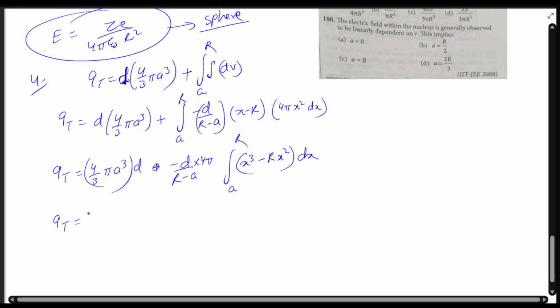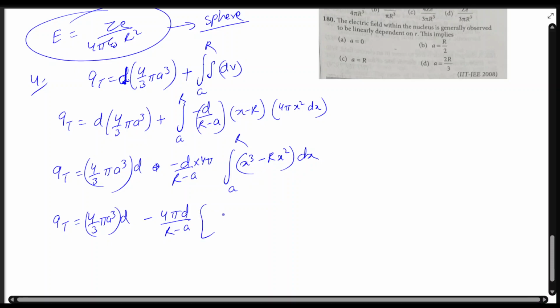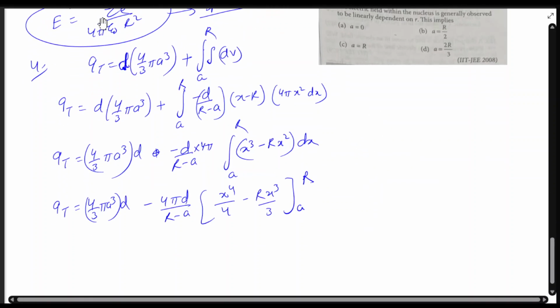So we'll get Qt equals 4 by 3 pi a cube into d minus 4 pi d upon r minus a, and we'll get x to the power 4 by 4 minus r x cube by 3 from a to r. Now in the question it is given a is 0.